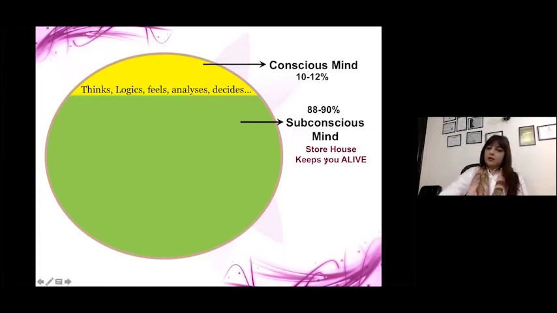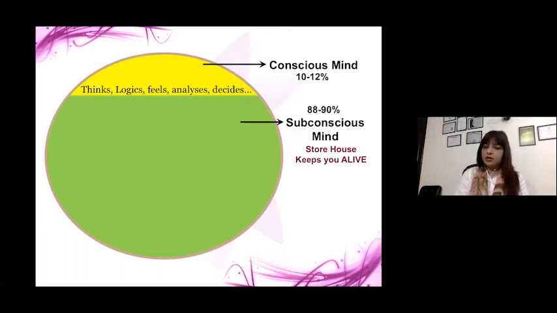Next, subconscious mind helps to keep you alive. Now, how is that possible? Because subconscious mind controls all your vital organs and all your vital functions, right? So if you think that, oh, let me produce some more bile through my liver today, is it possible for you?